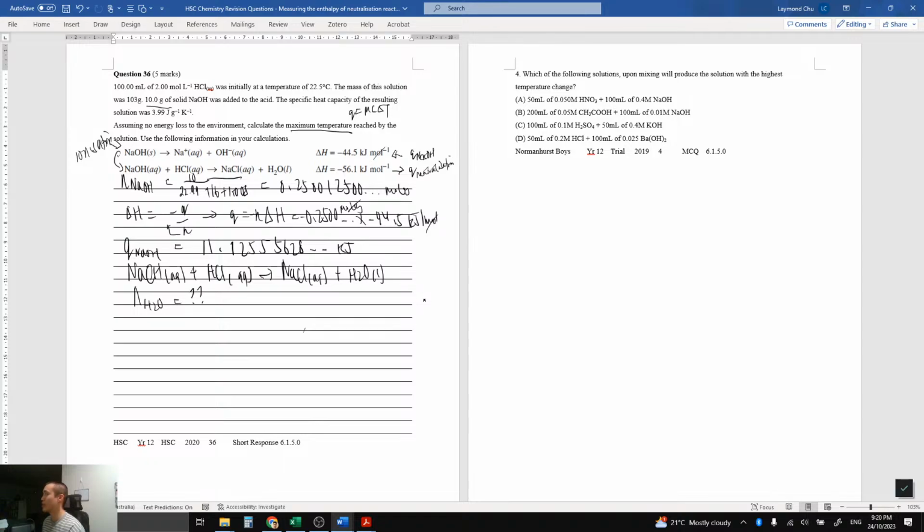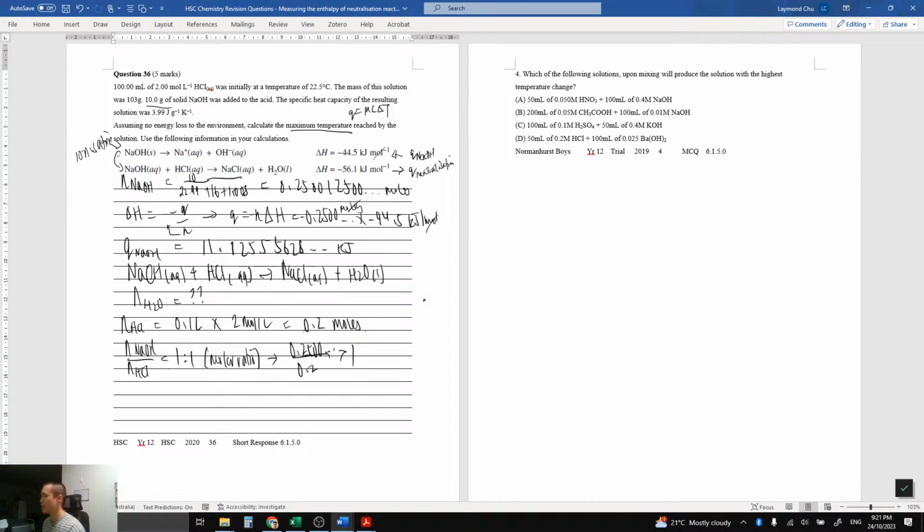So we need to first find the limiting reagent. What's the limiting? We've got the moles of NaOH already, perfect. So we want to find the moles of HCl. What's that? 100 mL, 0.1 liters times 2 moles per liter, which is 0.2 moles. Now, if we compare that in a 1-to-1 molar ratio, you can see that HCl is limiting because 0.2500 over 0.2 is greater than 1.